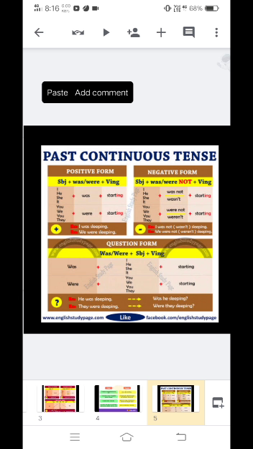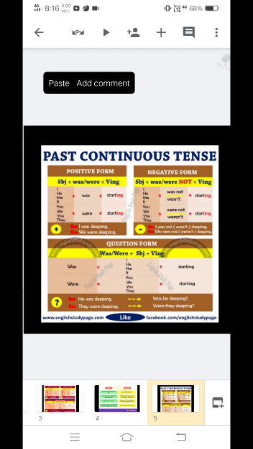In its question form, in its interrogative, this is formed by putting was or were before the subject: was plus I, he, she, it plus starting; were plus you, we, they plus starting. Like he was sleeping, was he sleeping; they were sleeping, were they sleeping. In a simple sentence we say they were sleeping. When we change it into interrogative, we say was he sleeping, were they sleeping, like that.